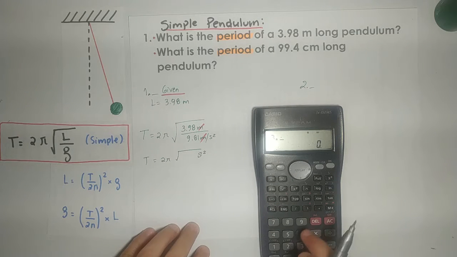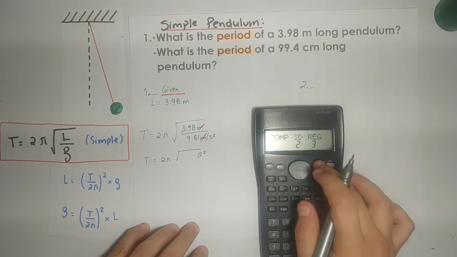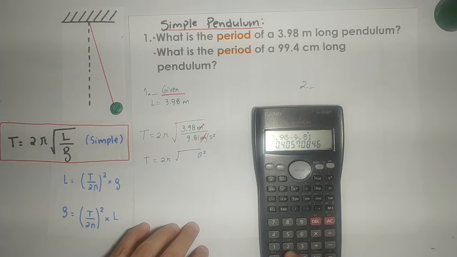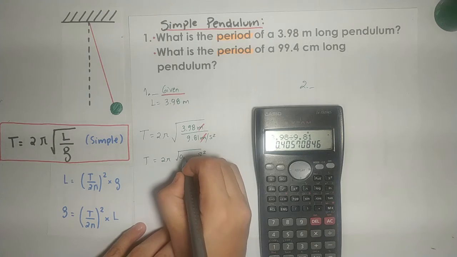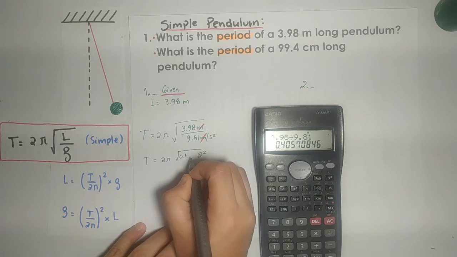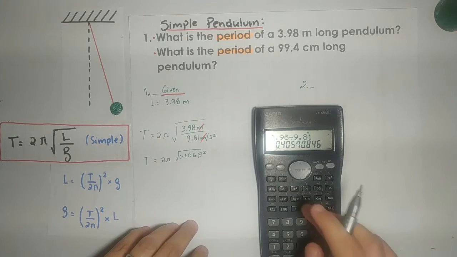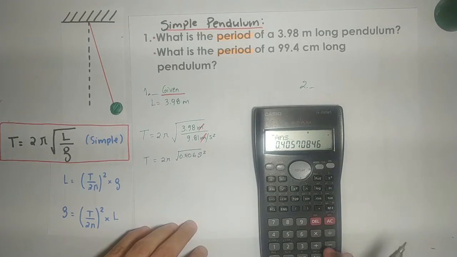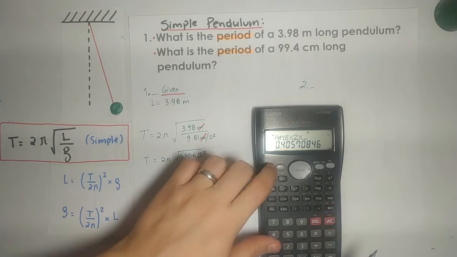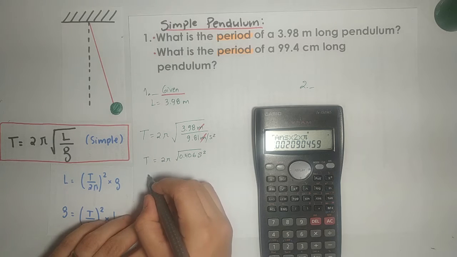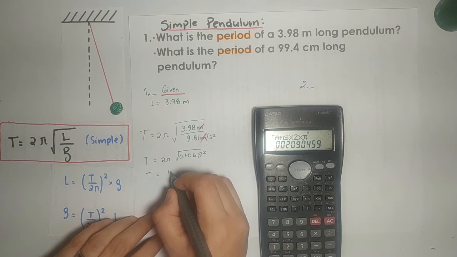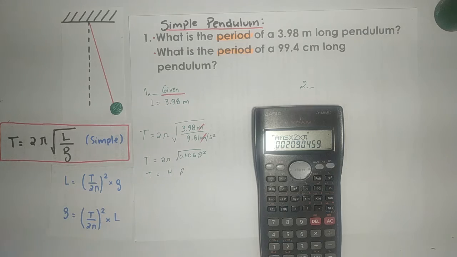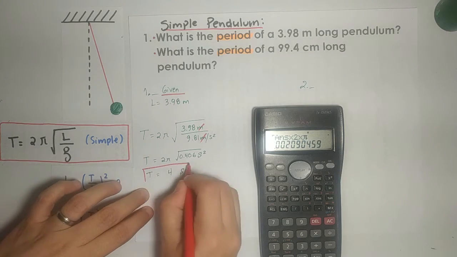So we have 3.98 divided by 9.81, 0.406. Now square root of my answer times 2 times pi gave me period equals 4 seconds. Easily, right?